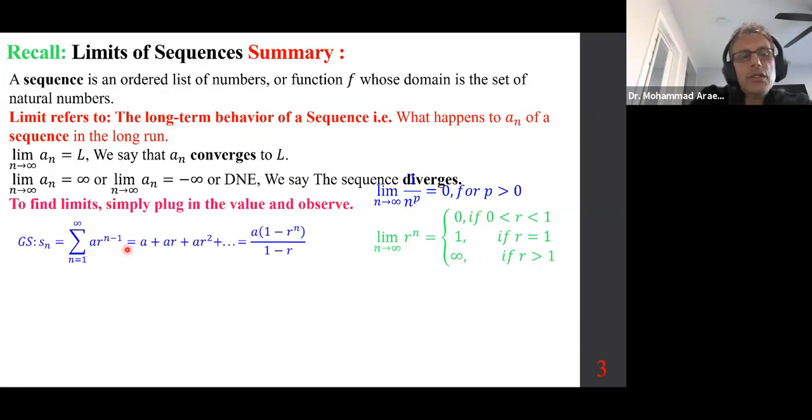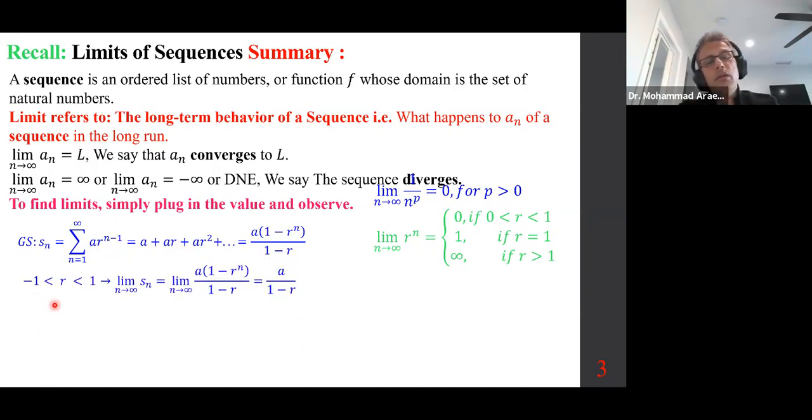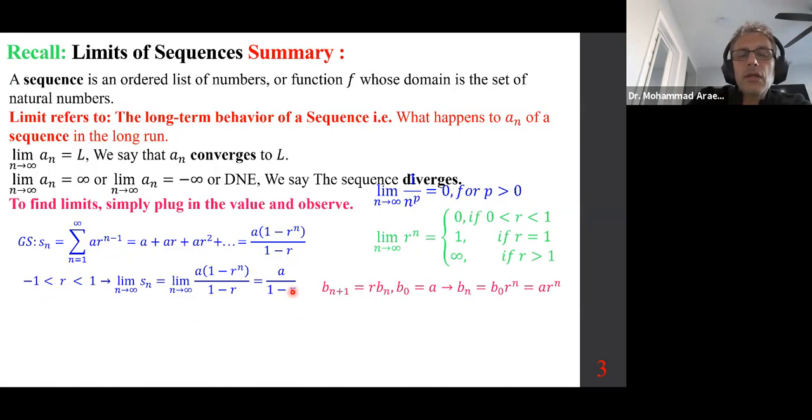Then the geometric sequence and its sum, which is a geometric series, we have the formula. If r is between -1 and 1, it simplifies to a over 1 minus r, okay? So having said that, this is also the geometric sequence in recursive format and explicit format.